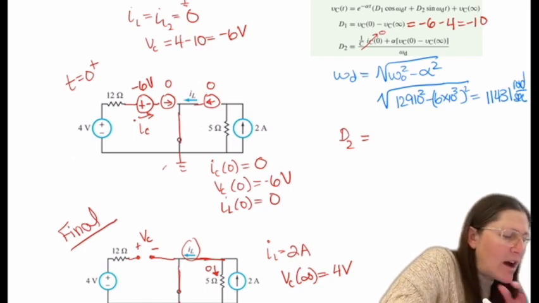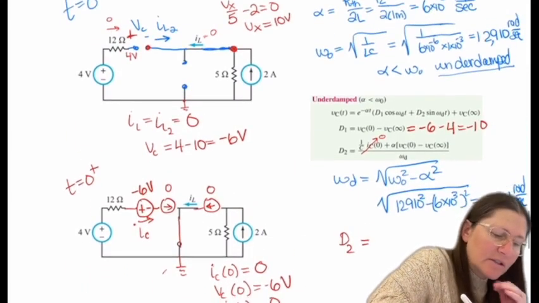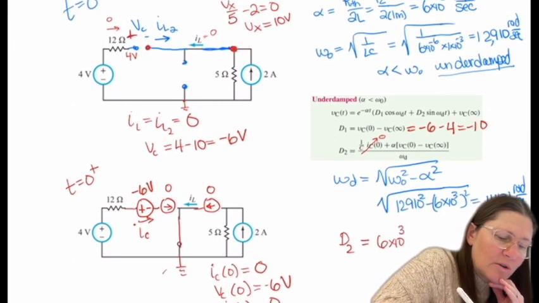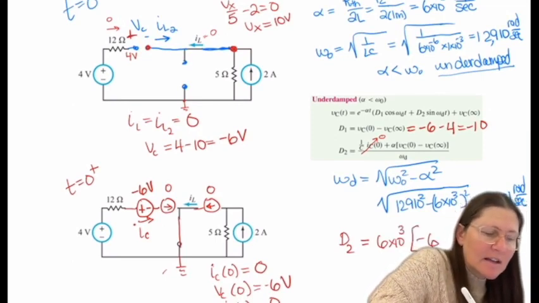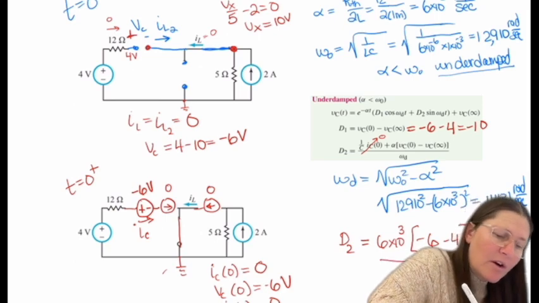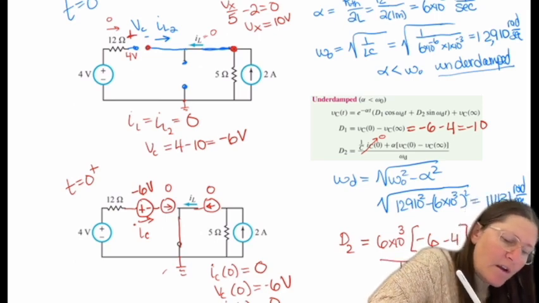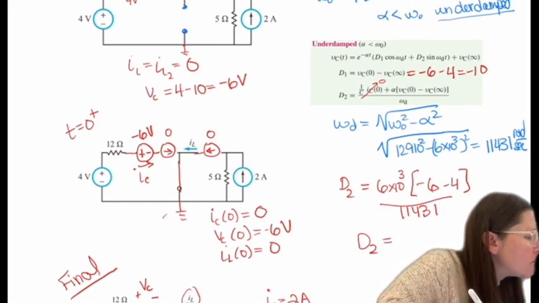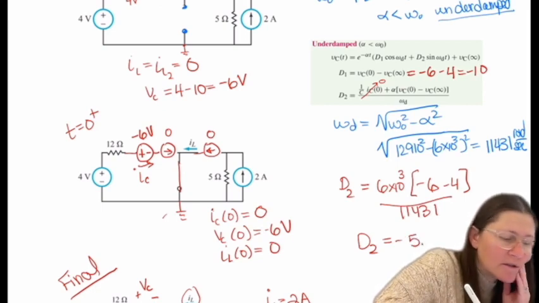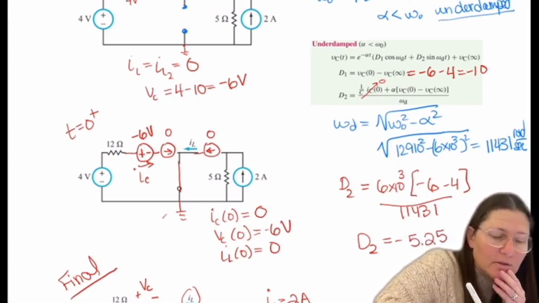So then we just have alpha, which was 6 times 10 to the third. VC0 again was -6, and then -4 over 11,431 to give a D2 of minus 5.25 volts.